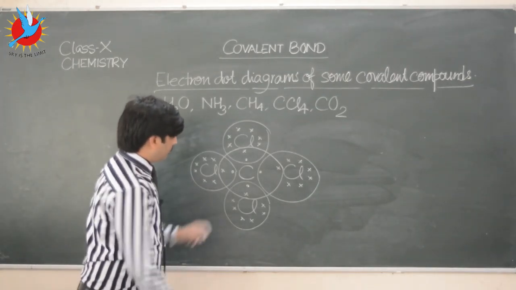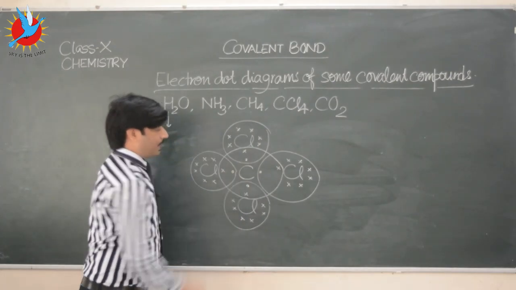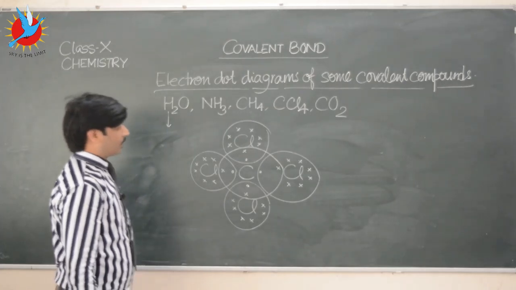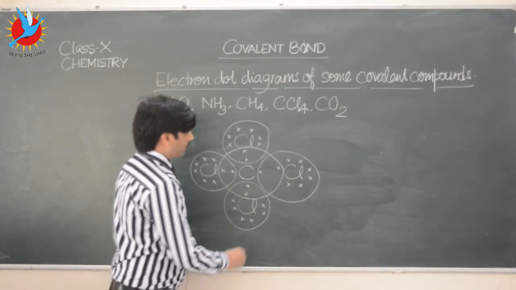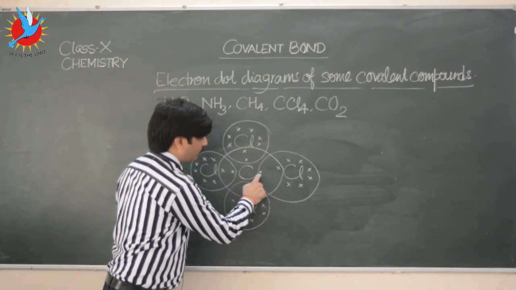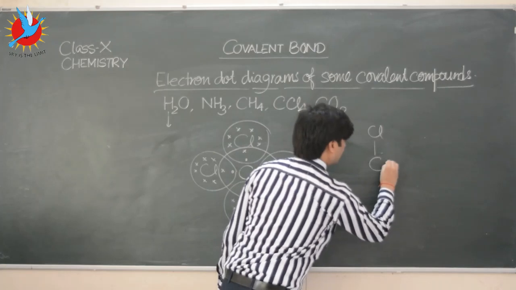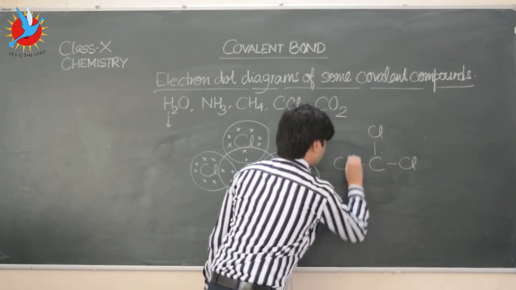And you can see one electron pair is shared between two atoms, in which each atom contributes one electron. That's why between carbon and chlorine a single covalent bond is formed.